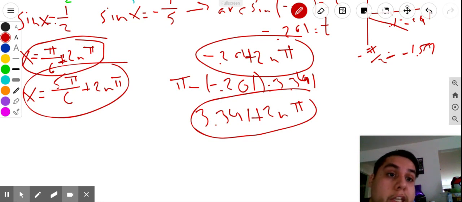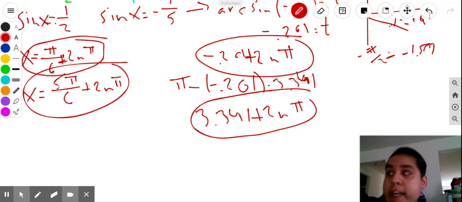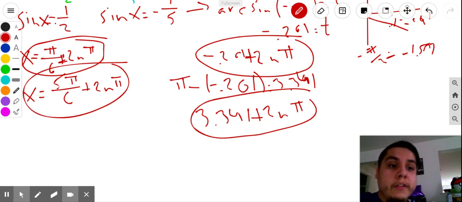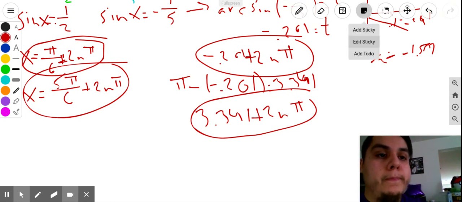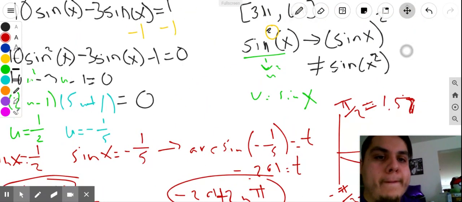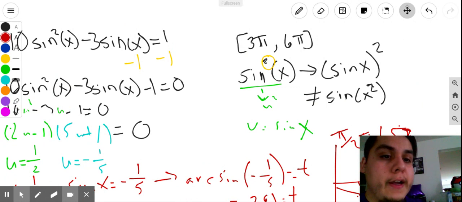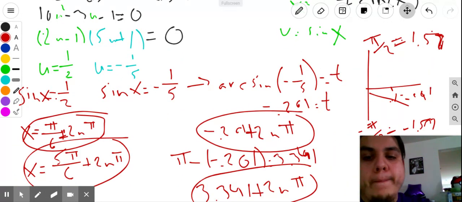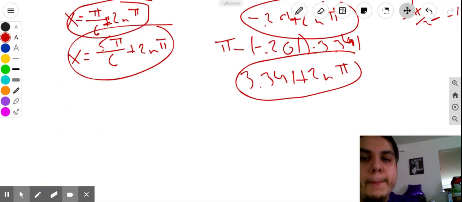So now that I have all my solutions, I need to take into account the interval. So the interval was from 3 pi to 6 pi. Okay?